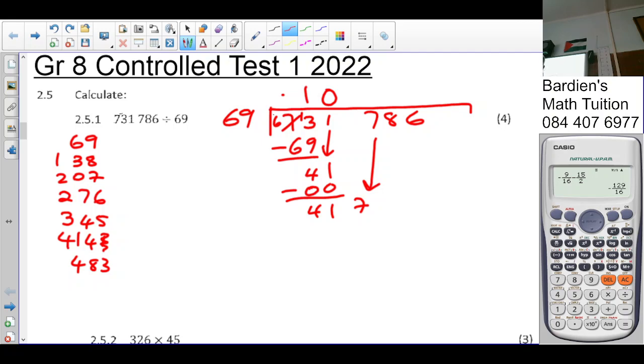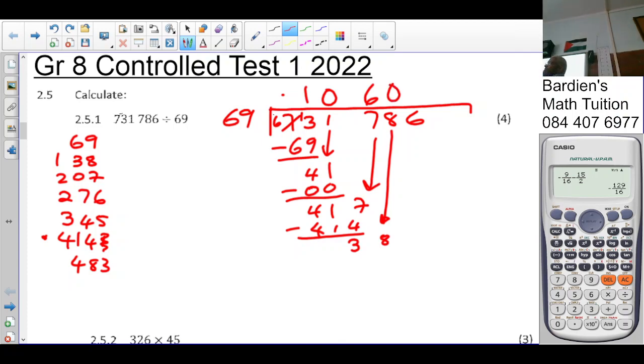So 69 goes into 417 how many times? 414 is the closest number, not so. There will be 1, 2, 3, 4, 5, 6, 6 times. So 6 times 69 is 414. If you minus, you get the 3. Carry down the 8. Can 69 go into 38? No, can't go.